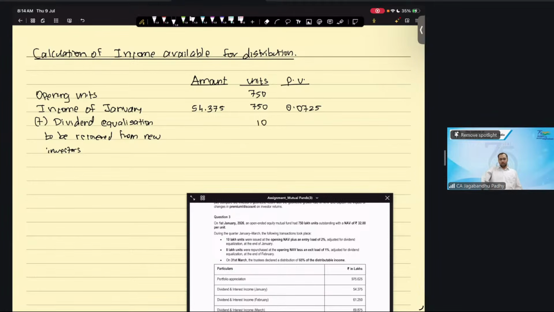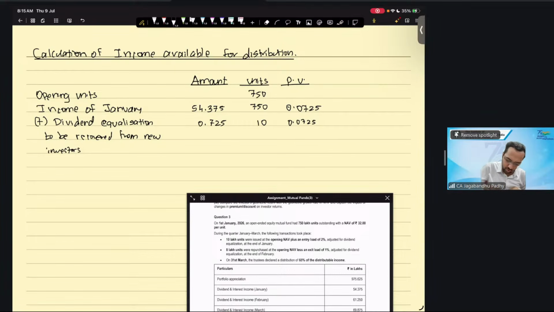So per unit wise, how much are we going to charge? We will definitely say, sir, it is 0.0725, which is already accrued. So you need to pay for this. So 0.0725 multiplied by 10 gives us 0.725. This is the money that we are going to recover from the new investors.